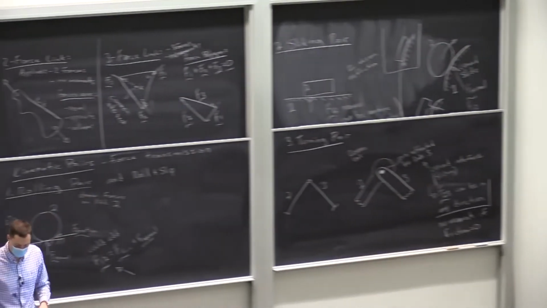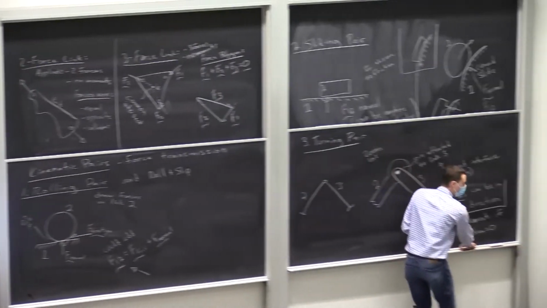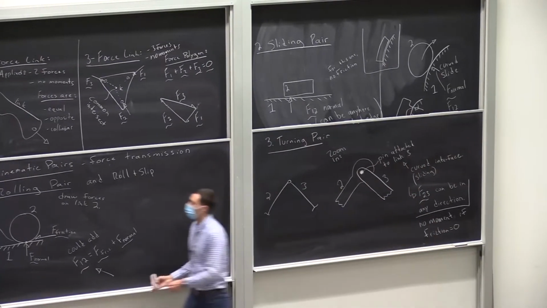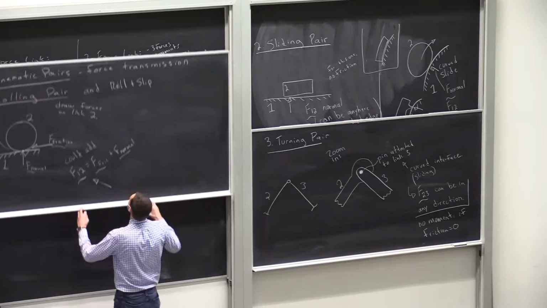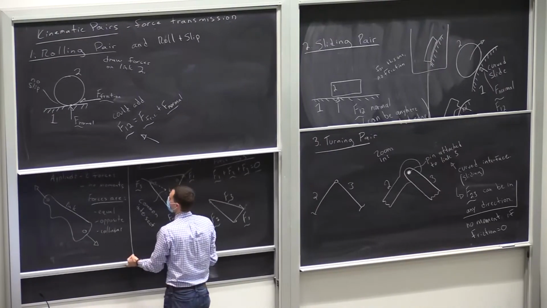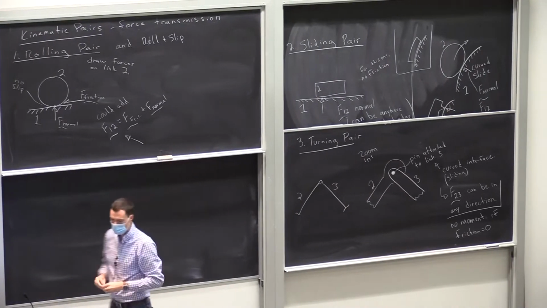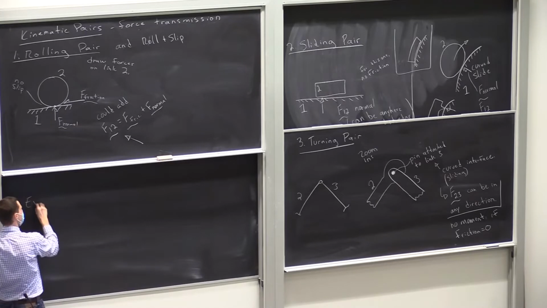So the last thing we're going to do today is look at a slider crank mechanism. Let me get my board straight here. I'm just going to do it here. This is going to be our example.